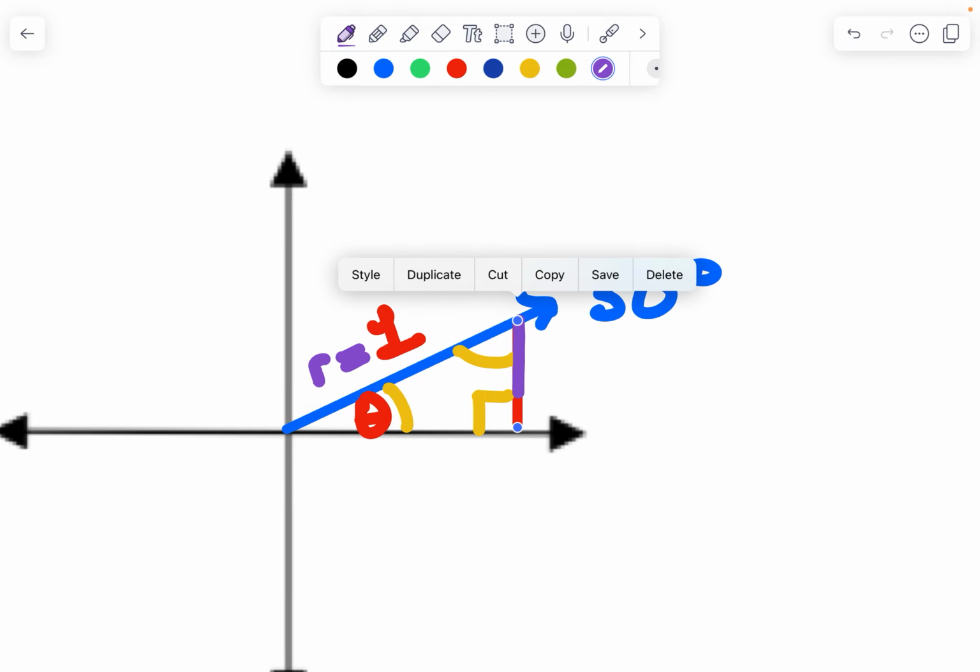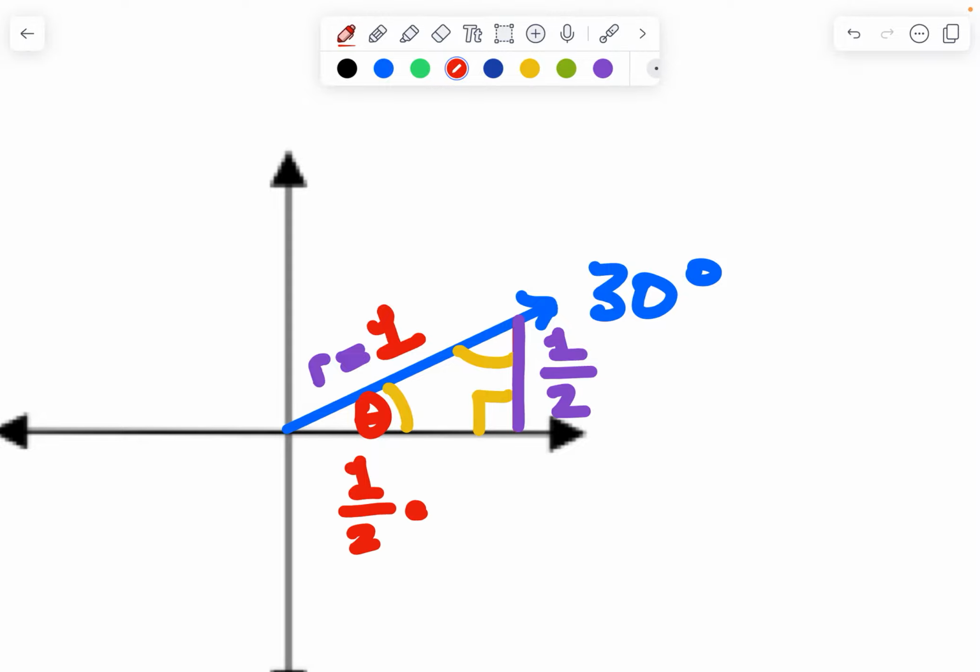My short side is half of my hypotenuse, and my medium side is the short side times square root of 3, which would equal square root of 3 over 2. So I've got all my sides right here. This side's 1, this side's 1/2, and this side's square root of 3 over 2.